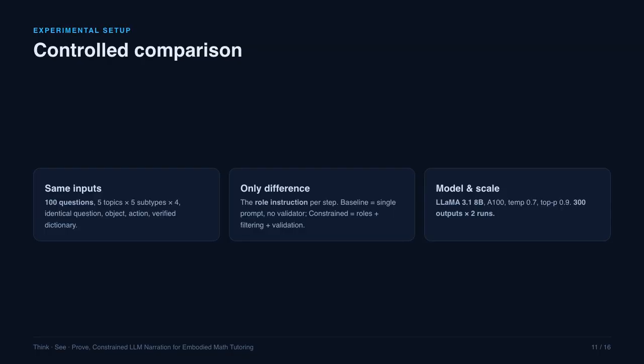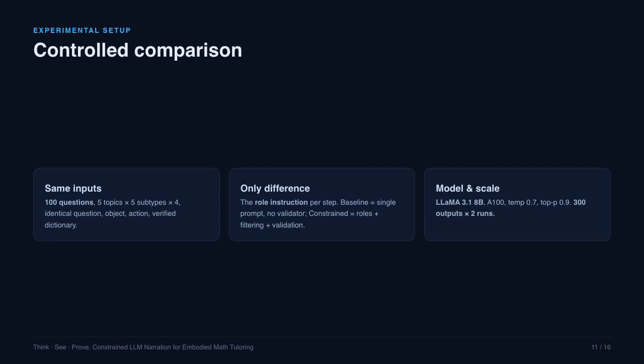Our evaluation is a controlled comparison. Both systems, baseline and constrained, are tested on the same 100 generated questions. Those come from 5 topics: fractions, ratios, decimals, percentages, and probability, with 5 subtypes per topic and 4 questions per subtype.